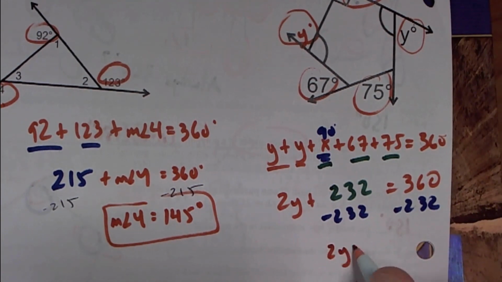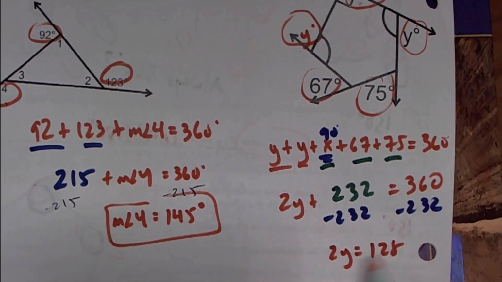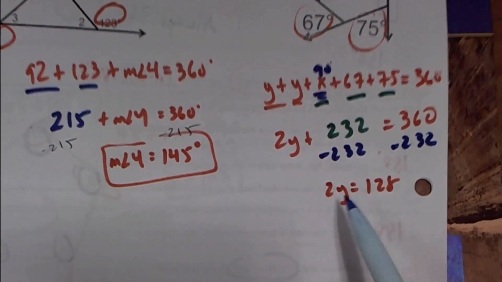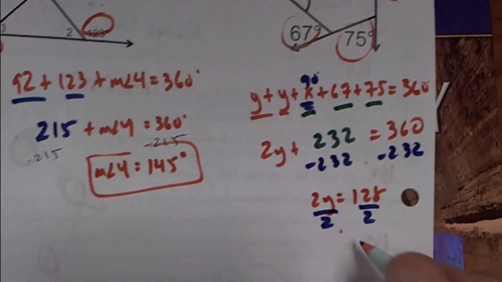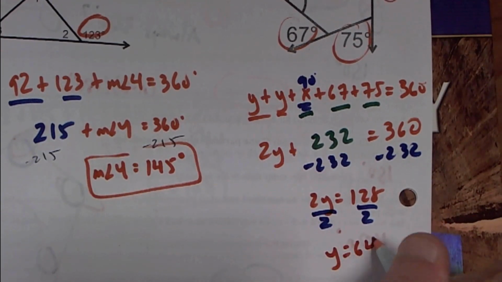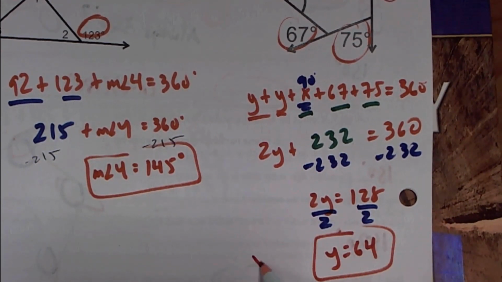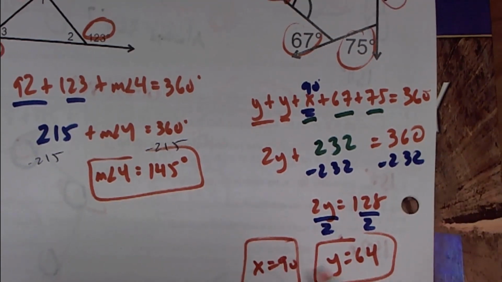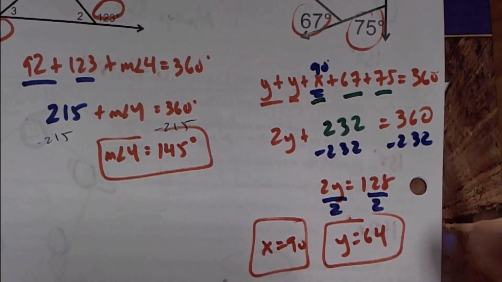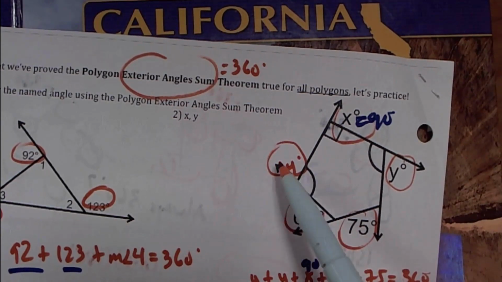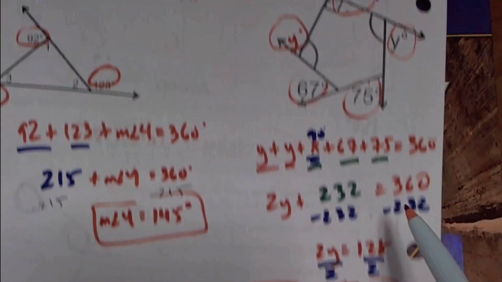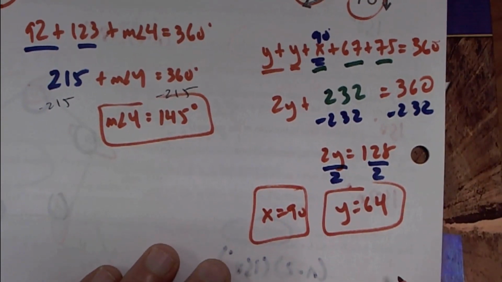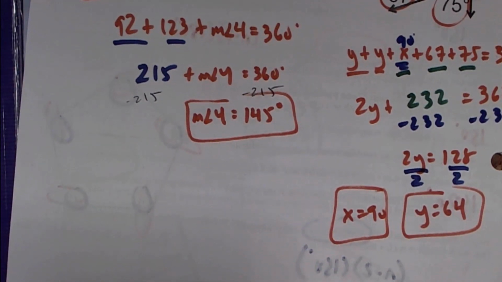We get 2y equals 128. And divide by 2 on both sides, and we get y equals 64. It also asks for x, so x equals 90. If you got it wrong because you said y equals 128, it's because you forgot that there were 2 y's, a y here and here. So it's not 1 y, it's 2y equals 128. So y equals 64, x equals 90.